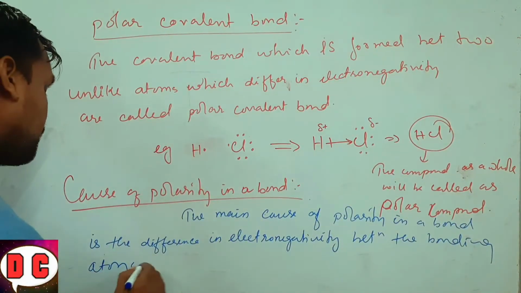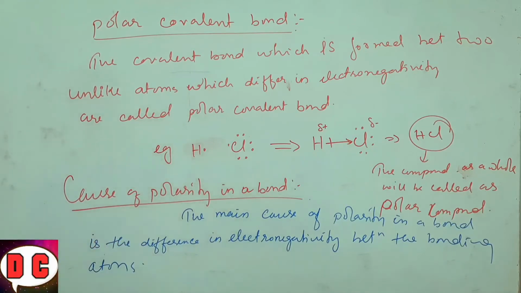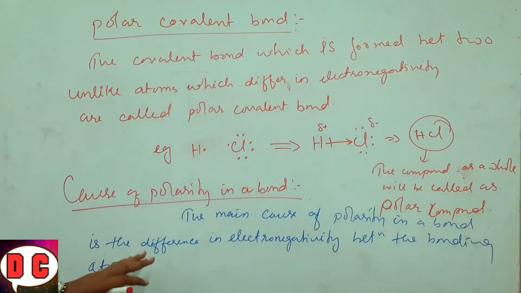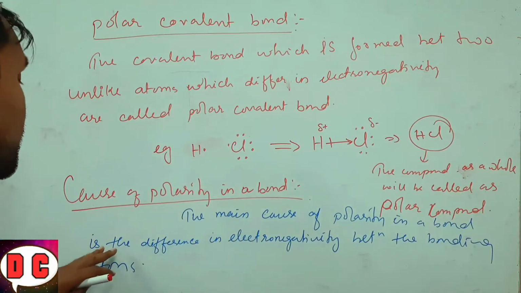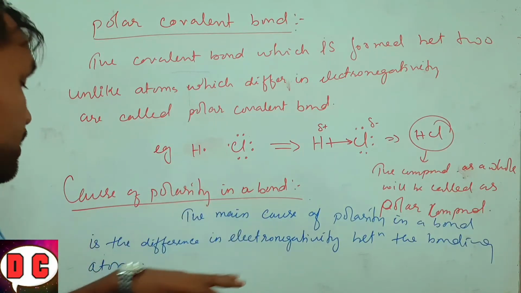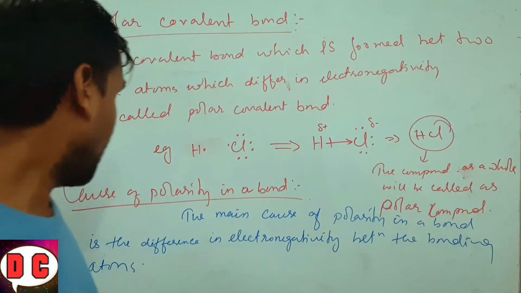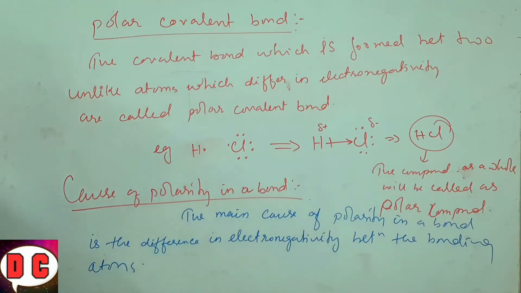So what is the main cause of polarity? The main cause of polarity in the bonded atoms is the difference in electronegativity between the bonding atoms.